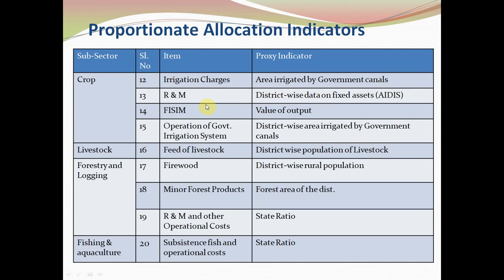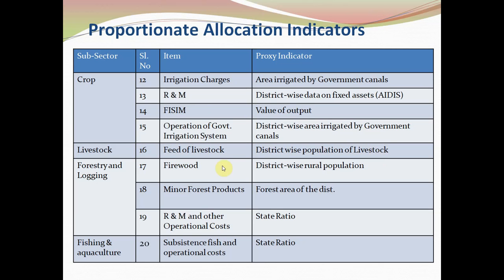For repair and maintenance, district-wise data on fixed assets, AIDIS survey results can be used. For FISIM, value of output is used. For operation of government irrigation system, district-wise area irrigated by the government canals can be used. In case of livestock, for feed of livestock, proxy indicator is used as district-wise population of livestock.